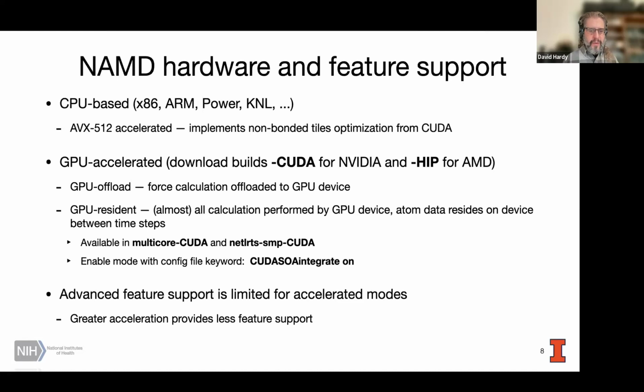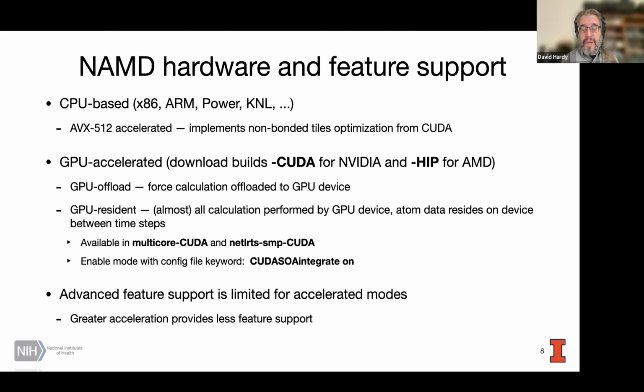We also have advanced feature support, but it's somewhat limited for the accelerated modes. That's because to run effectively GPU resident, you have to make the feature itself and all the extra calculation that you're doing, you have to port that to the GPU.